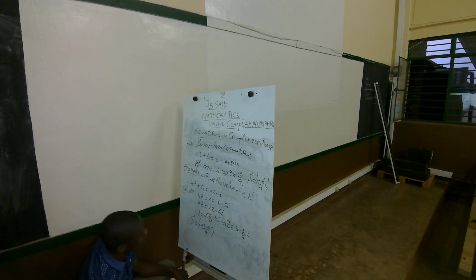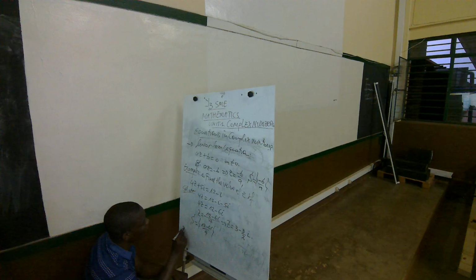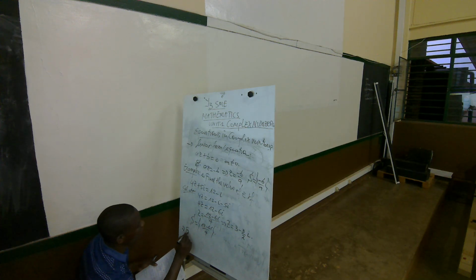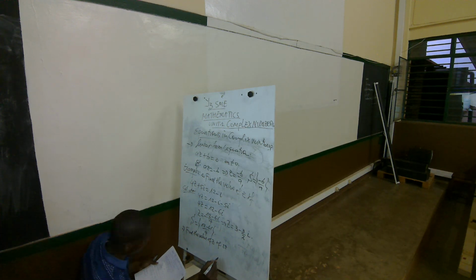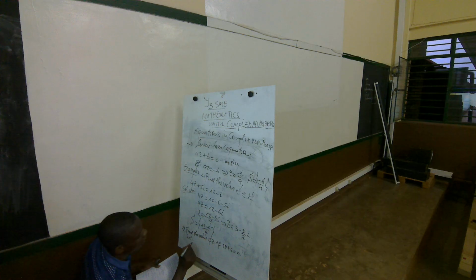We can also find the second one. Find the value of z if 2z plus 6 is equal to 0. Let's solve. 2z plus 6 is equal to 0.